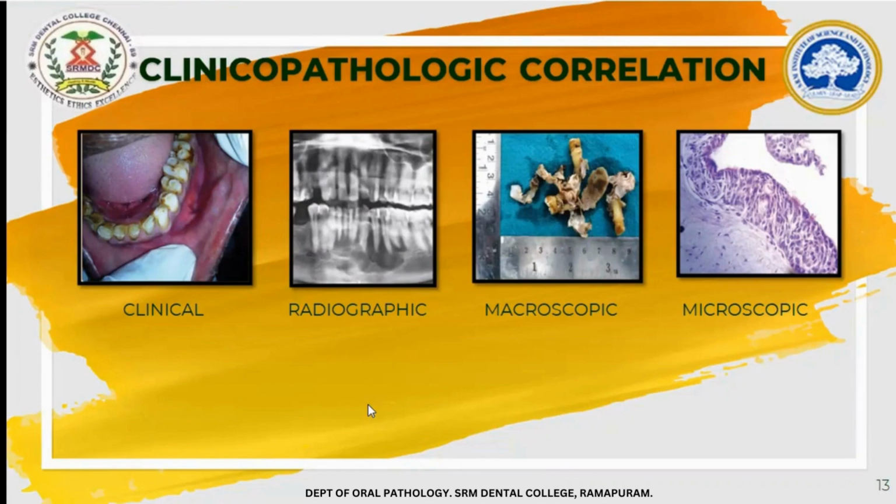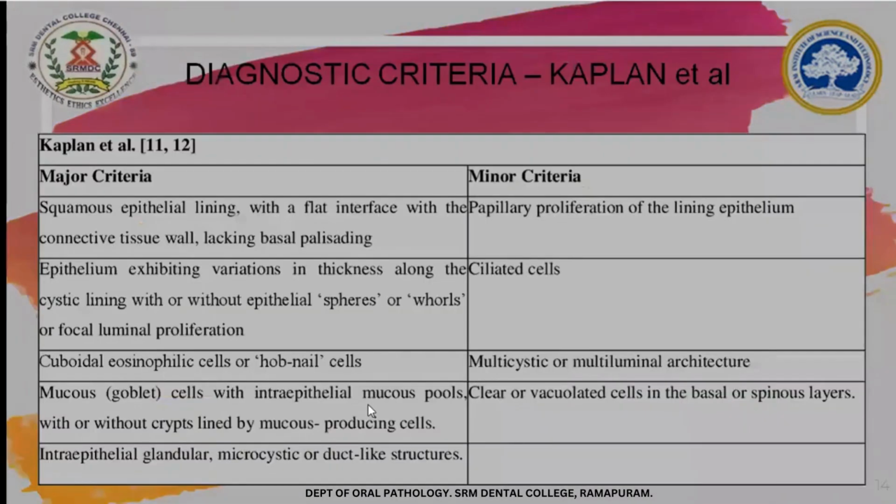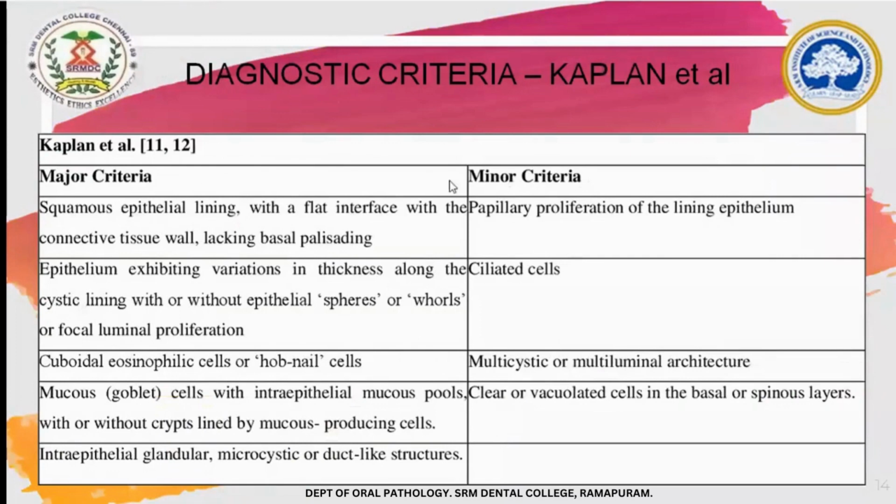Based on all these, Kaplan gave diagnostic criteria, with major and minor criteria. If you see the interface between the cystic lining epithelium and the connective tissue capsule, it is flat. It lacks rete ridges, and in the connective tissue capsule not much inflammatory cell infiltrate is seen.